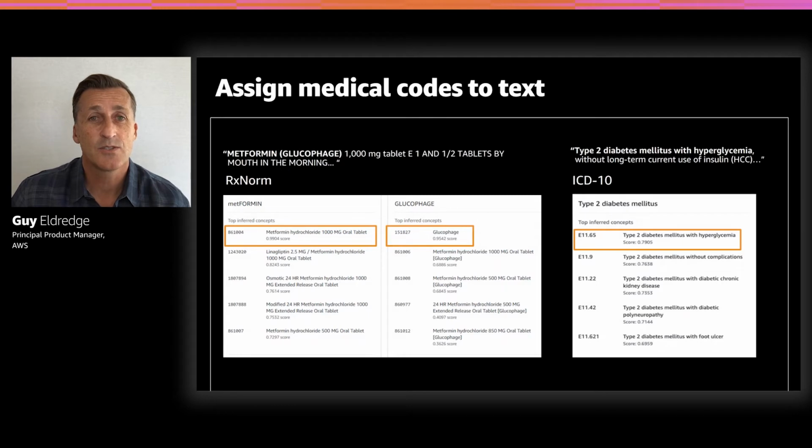In addition, associated medical codes are also added to help identify concepts like medication and brand name, or ICD-10 codes used for billing across all the information flowing into your system. For example, if you look at metformin, metformin has different codes. There's a 1,000 milligram code, and if you look at the bottom, you can see there's a 500 milligram tablet.